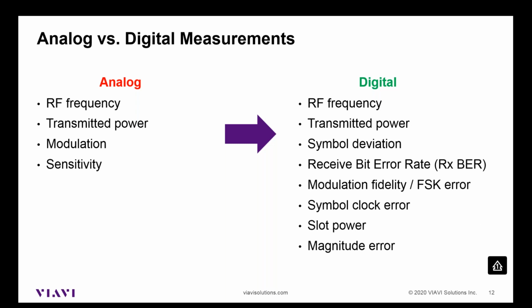And then we look at 4 other different measurements that we are concerned with in the digital radio, that there is no analog equivalent. So there is no equivalent meter in an analog service monitor for modulation fidelity or FSK error. That's a measure of the quality of the signal. And again, we're talking about a digital signal, so it takes a special meter to be able to calculate how good that signal is.